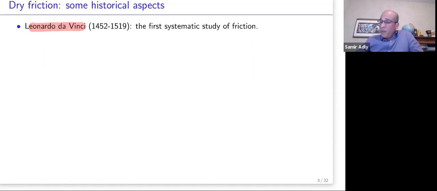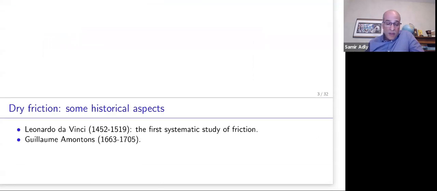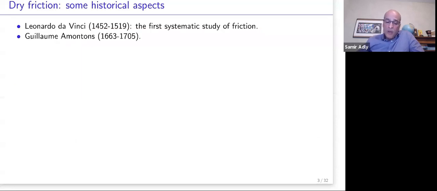This is a very important observation. These fundamental results were rediscovered later by Guillaume Amontons in the 17th, 18th century. This French physicist was one of the pioneers in studying the problem of friction, the resistance to motion where bodies are in contact, okay?